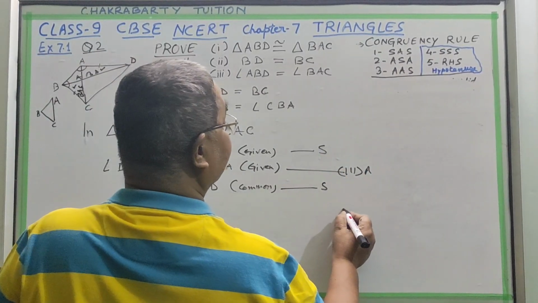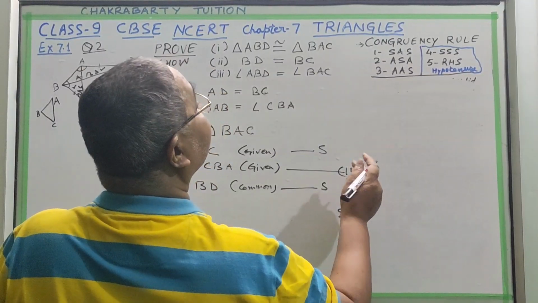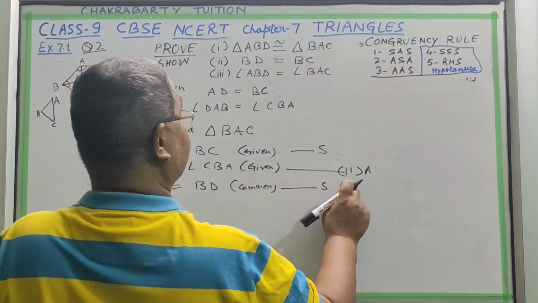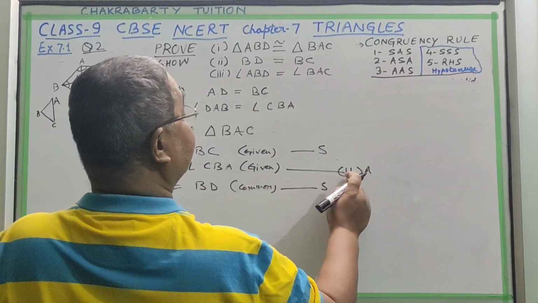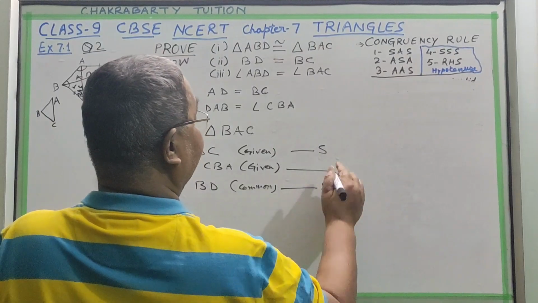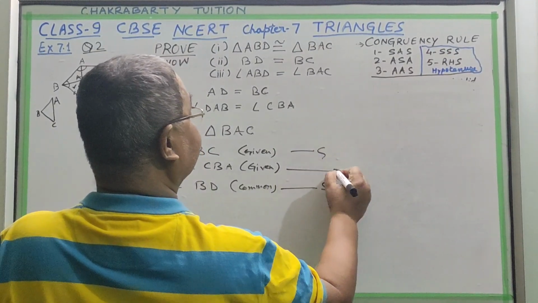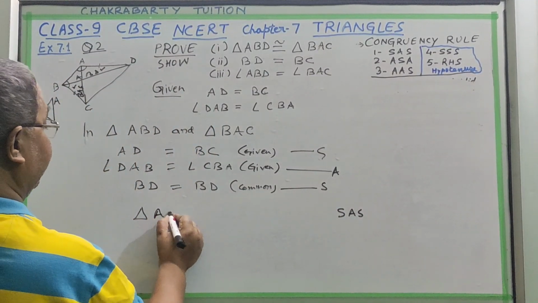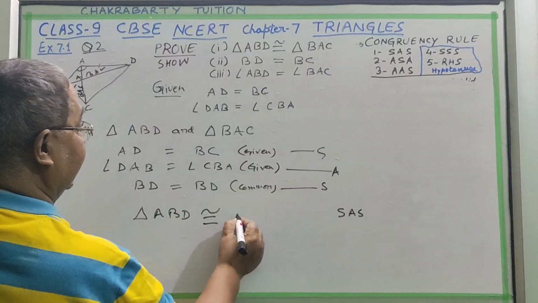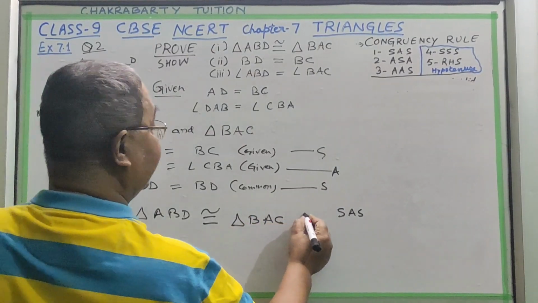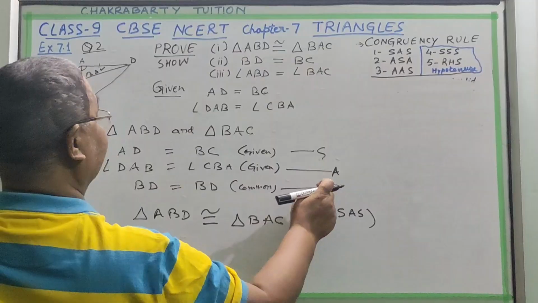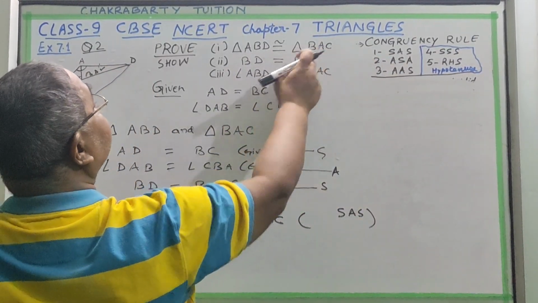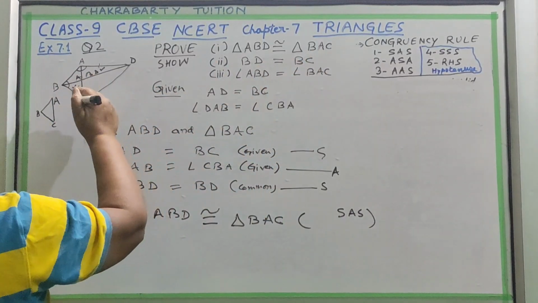What criteria are we using? Side, angle, side. So triangle ABD is congruent to triangle BAC because of side angle side. So it is proved.